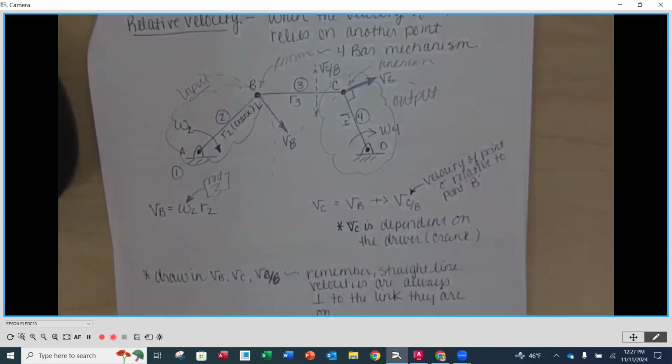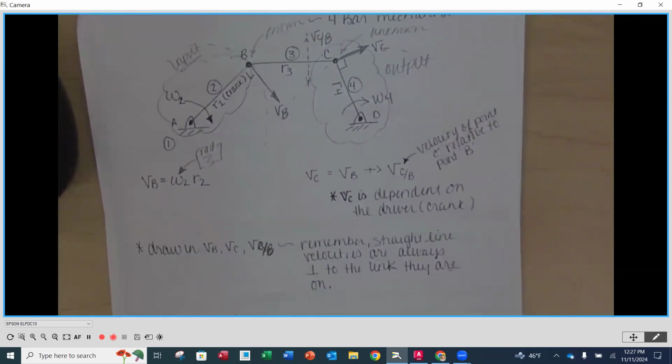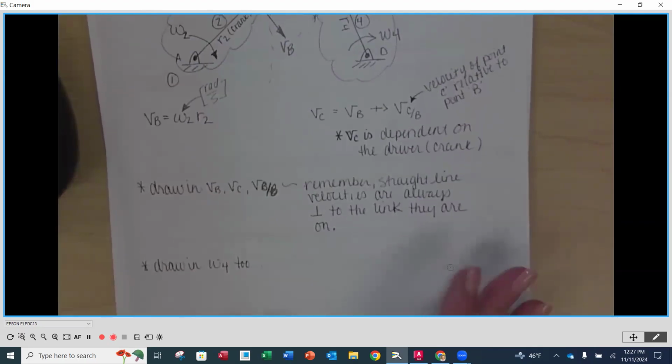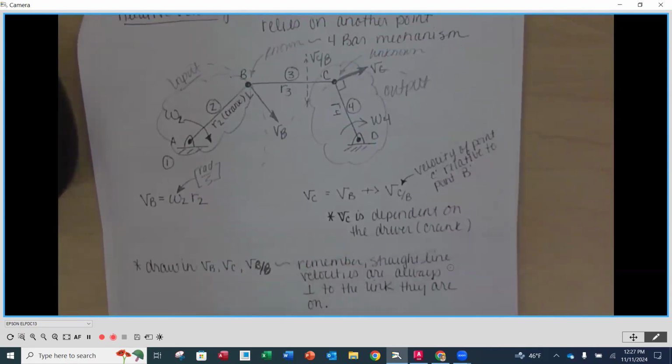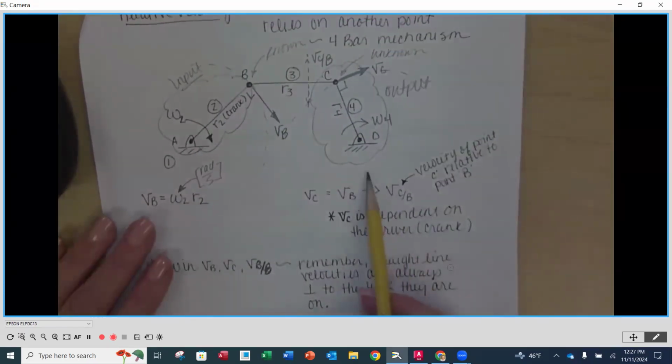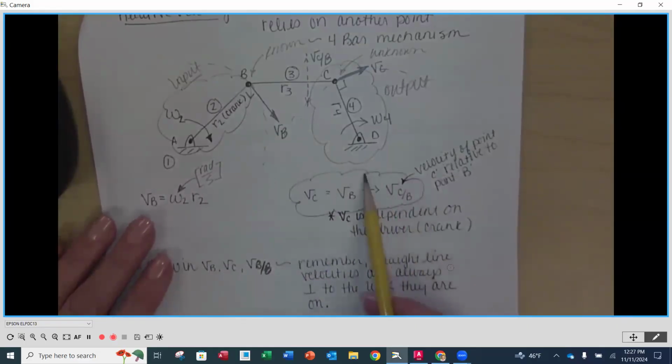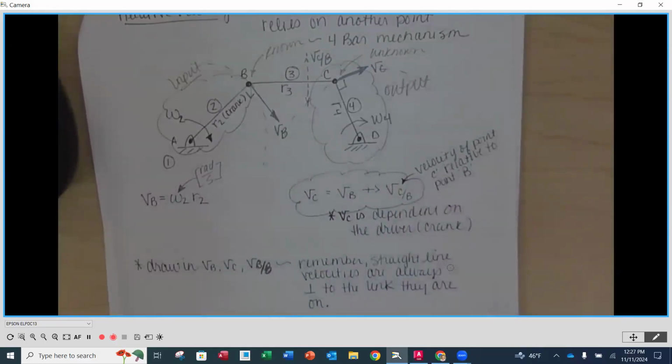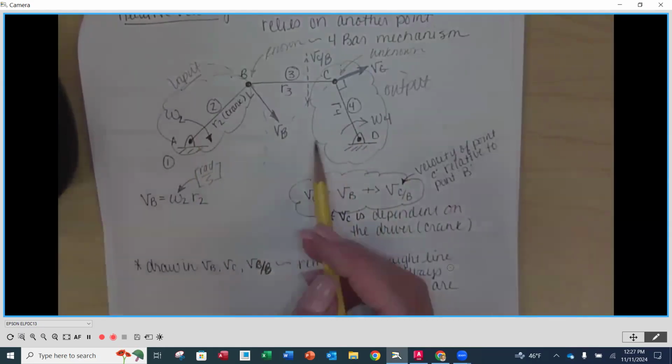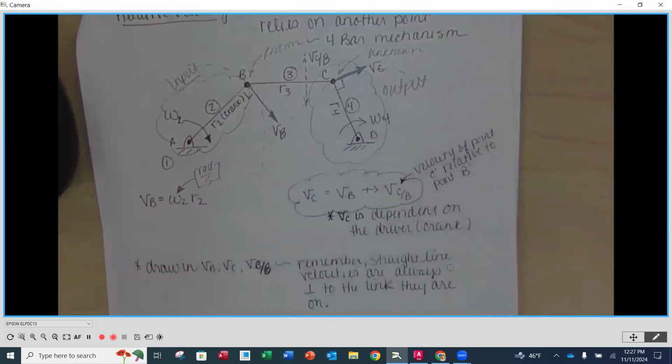Now, we already drew in our W4. So you'll notice that our relative velocity equation here, now it'll become obvious, and I just wanted to draw this out for right now and add some notes to a crank mechanism, one that we have a crank on the input and then we have an oscillating link on the output.